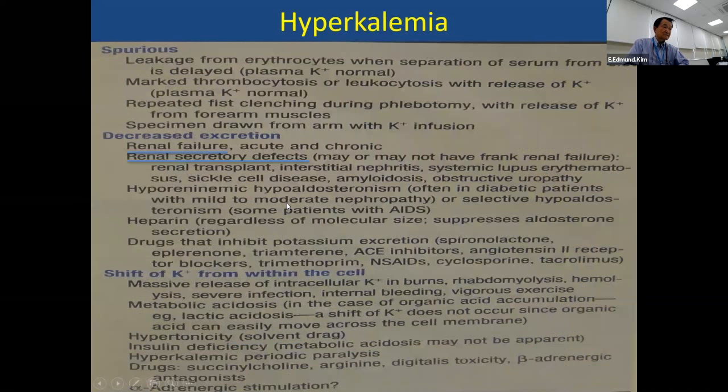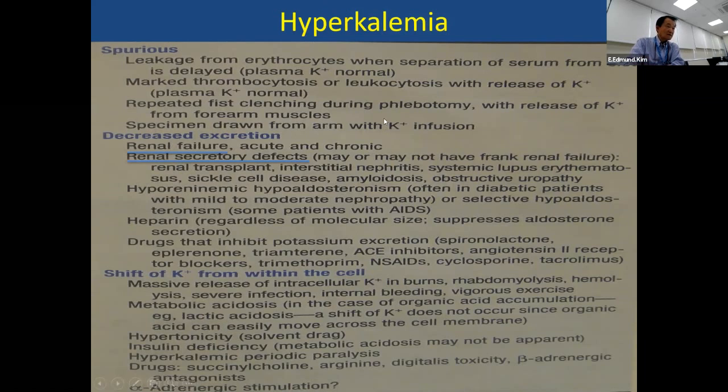And certainly hyperkalemia. A decreased excretion makes a high potassium in the blood. There's usually renal failure, so you have to always think about hyperkalemia.